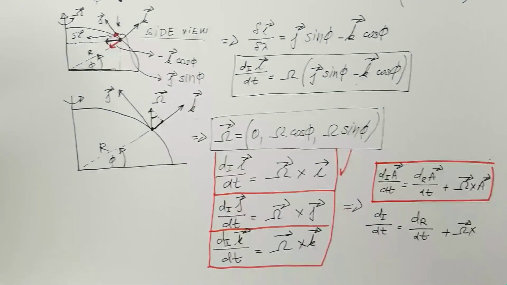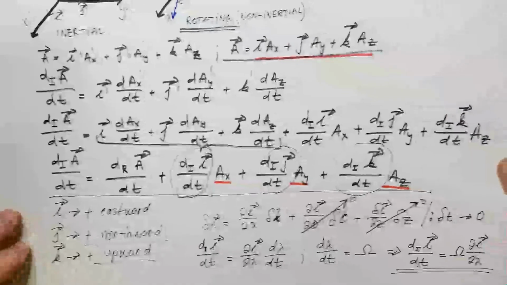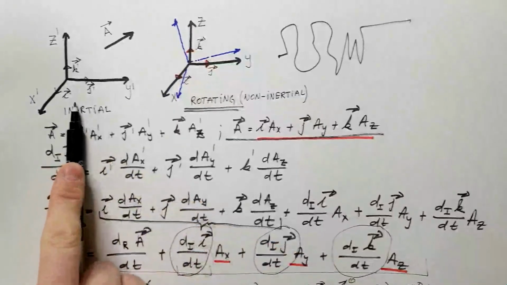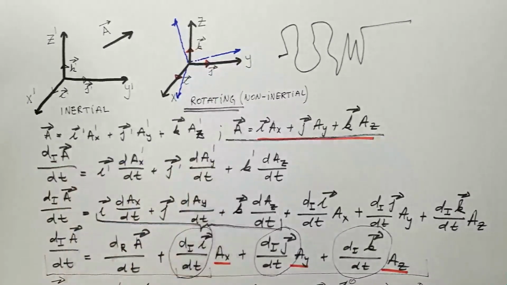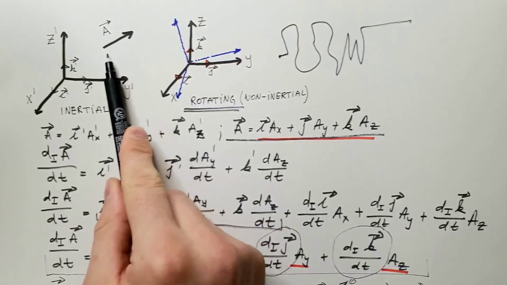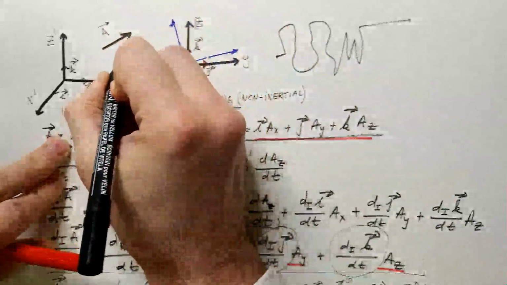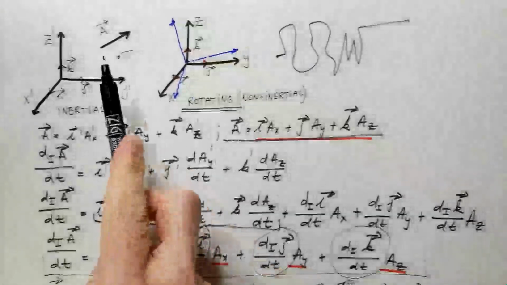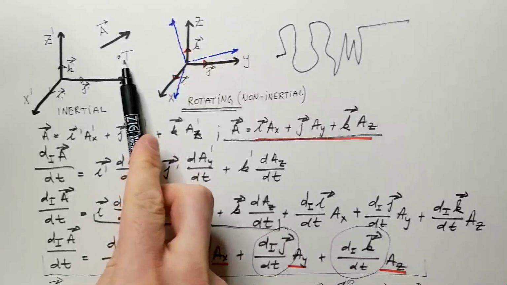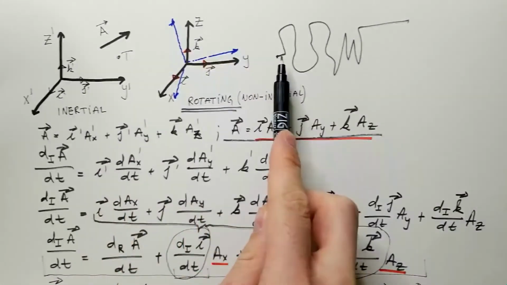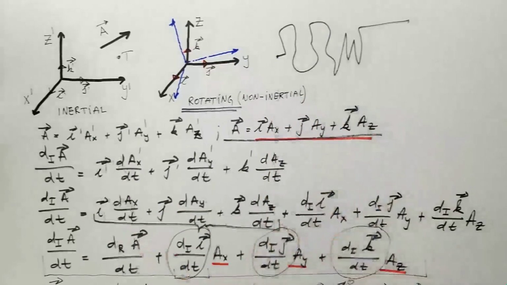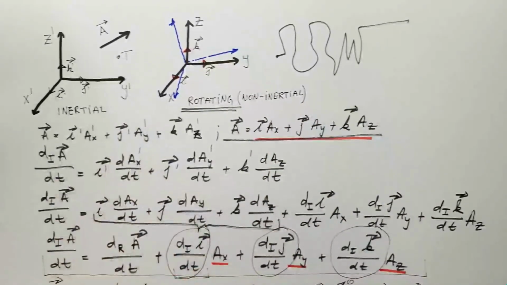Another very important result. If we have inertial and rotating reference frames, looking at a scalar, not a vector, let's say there is temperature over here. It doesn't matter if I look at temperature from inertial, rotating, or some completely crazy coordinate system. Temperature is temperature.